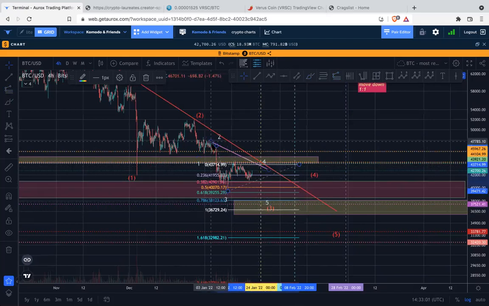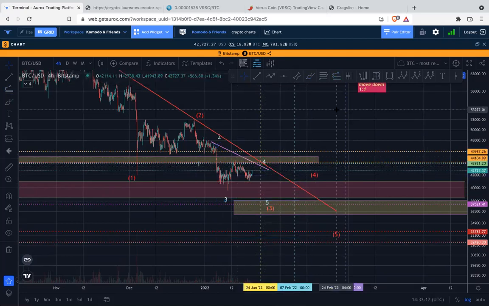It can't, we don't want that. So it's either 161.8 or 61 to 78% here, around the 38,000 or 39,000 level. Okay, that's the 2 options, friends.